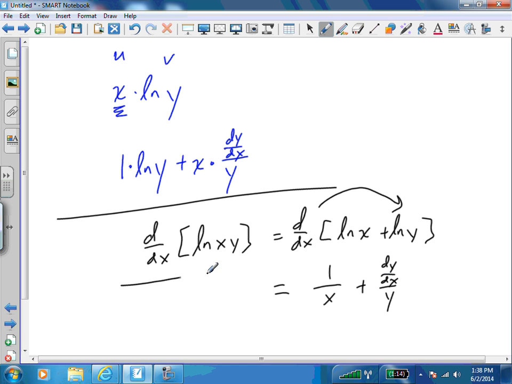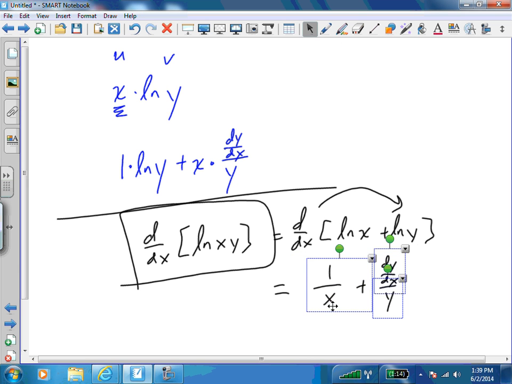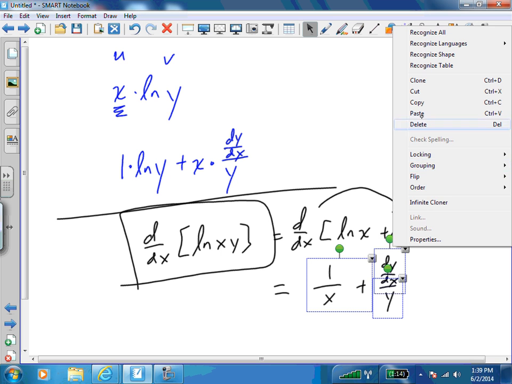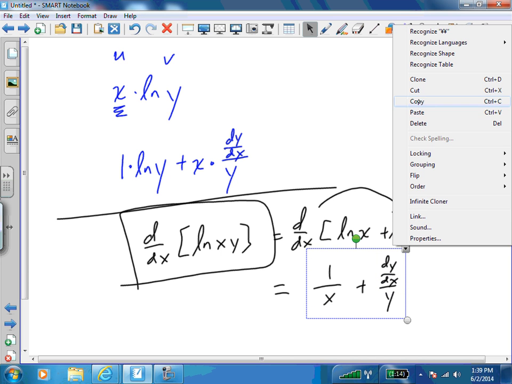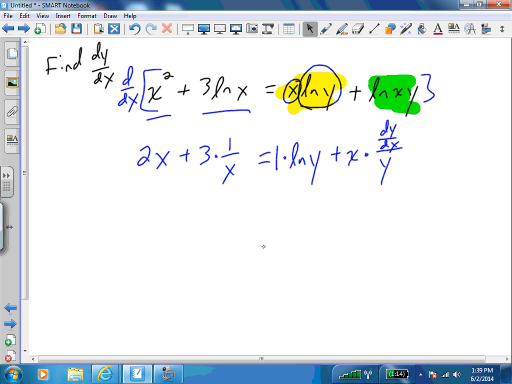So that's the derivative of that last term. So just a nice little derivative.